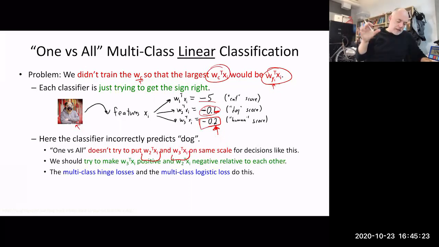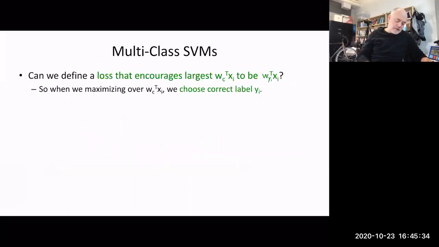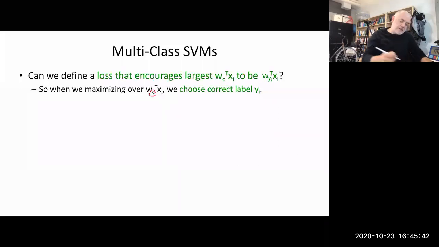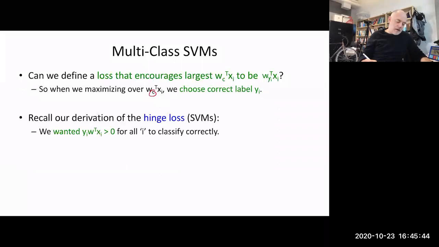The point is that we want to make the scores of the individual classifiers actually positive or negative relative to one another, okay? And the multi-class hinge losses and multi-class logistic losses do this, okay? So can we define such a loss that does this, such that when we maximize over C in particular, we choose the correct label yi?